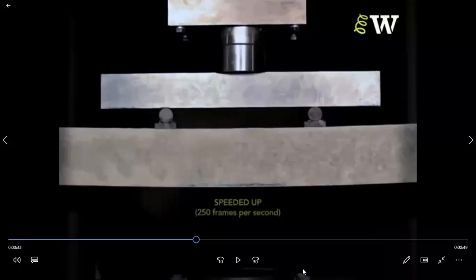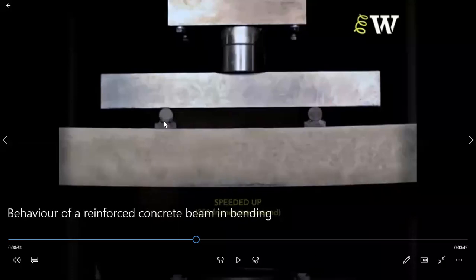Guys, please respond. What type of loading is it now? Point load. What type of loading is it? Just now you have seen there are 2 point loads.